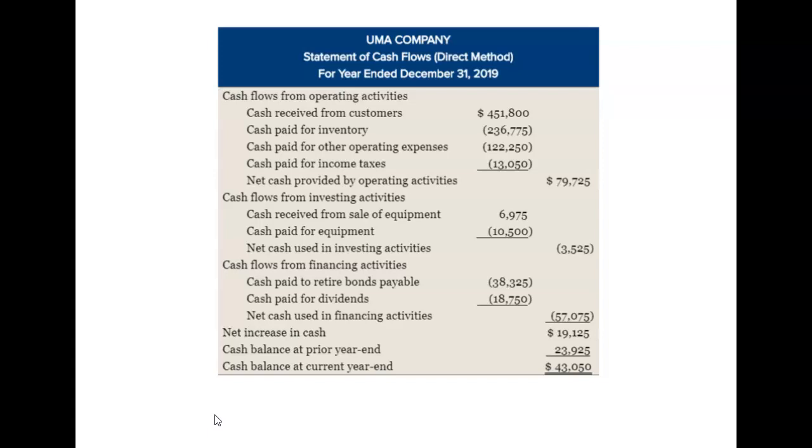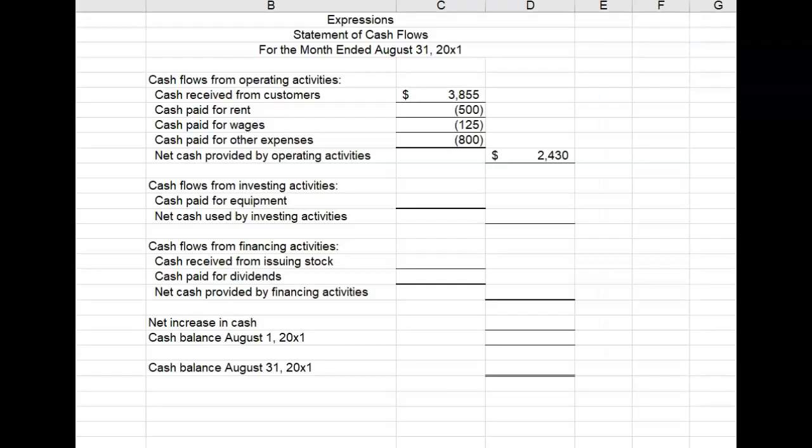Where we left off in the last video was preparing a statement of cash flows under the direct method for Expressions. We completed the cash flows from operating activities section. Now we need to complete the investing activities and the financing activities sections.